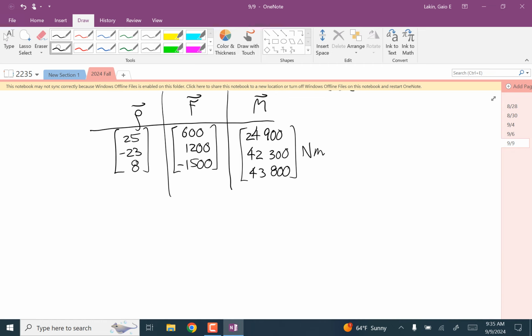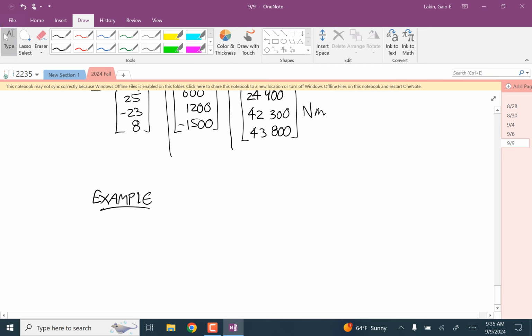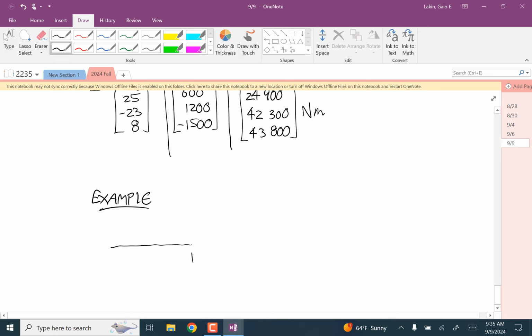Okay, so let's start making some more physical examples. So let's say that we have a two-dimensional shape like this. Our about point is going to be here. And we have a force of 10,000 newtons this way. And at that same point, an upward force of 20,000 newtons.